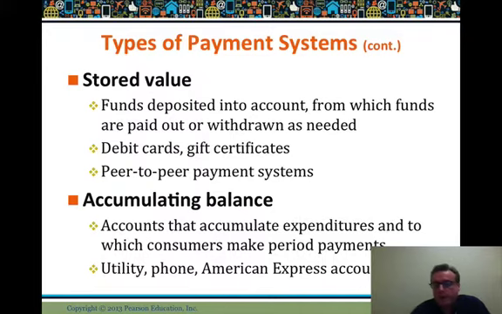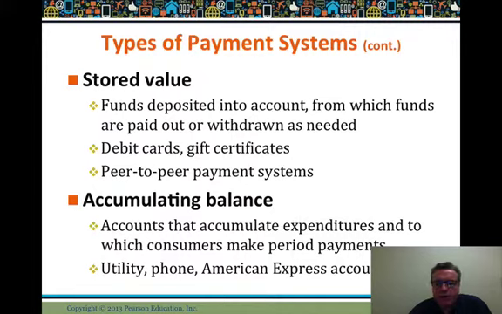The accumulating balance is another way that's very popular overseas, also used in the United States. Utility companies, water companies, phone companies in particular, American Express. This is where you, through your using their service, have accumulated expenditures that the consumers have to pay back within a certain period of time, 30 days typically.